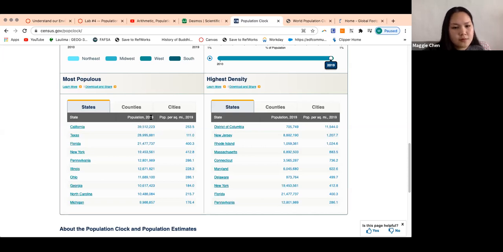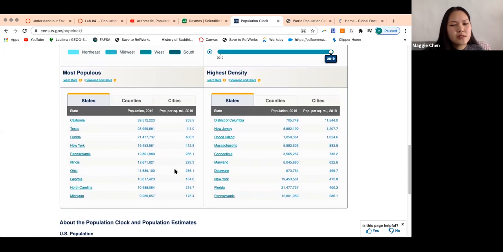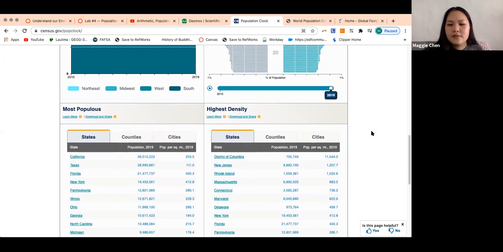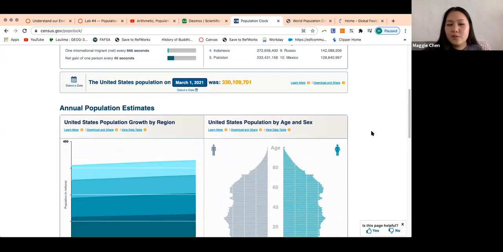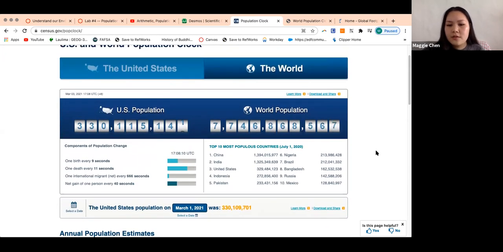And as of 2019, the density per square mile was around 253.5 people. That's pretty interesting to see, the distribution specifically within the US. You can play around, and I think you can look more specifically at the different countries within the world in this link.